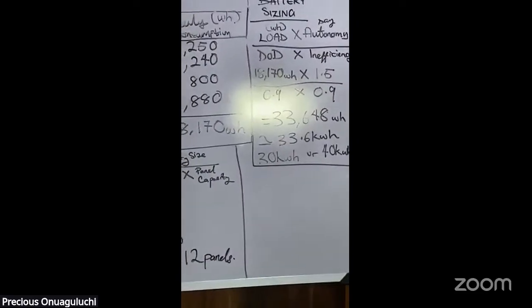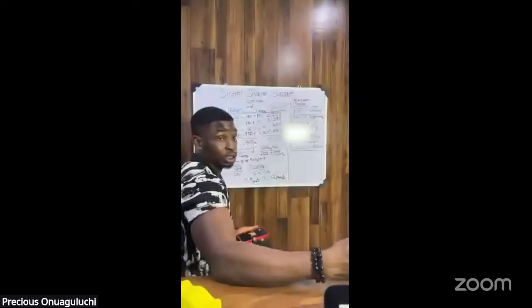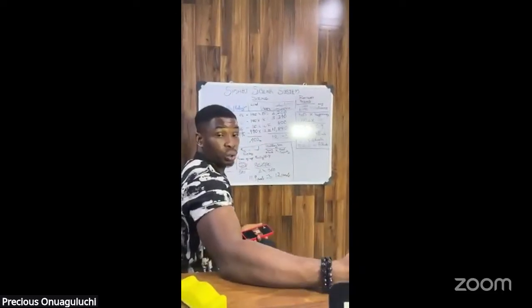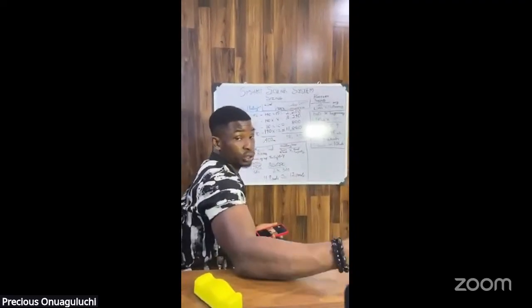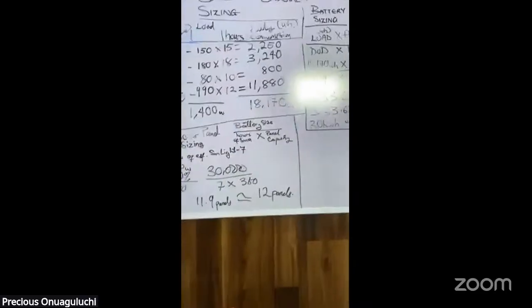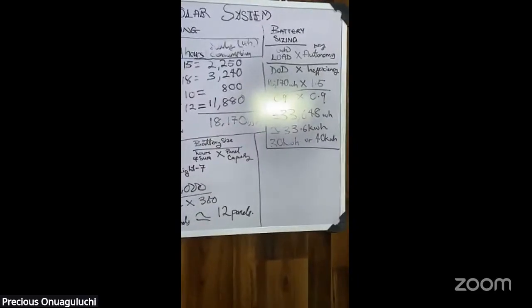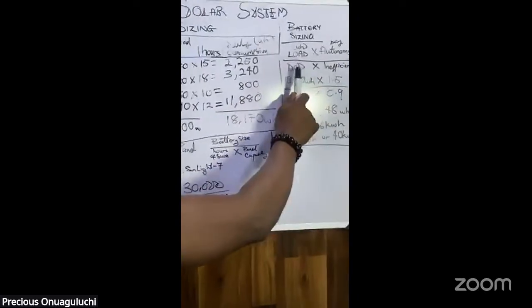The truth is that in Nigeria, we are not in all these climates or countries where you might not see the sun a whole day. In Nigeria, every day you can be sure you will see the sun. So you can actually work with days of autonomy of 1 day. It's not ideal, but it's possible. Then depth of discharge.